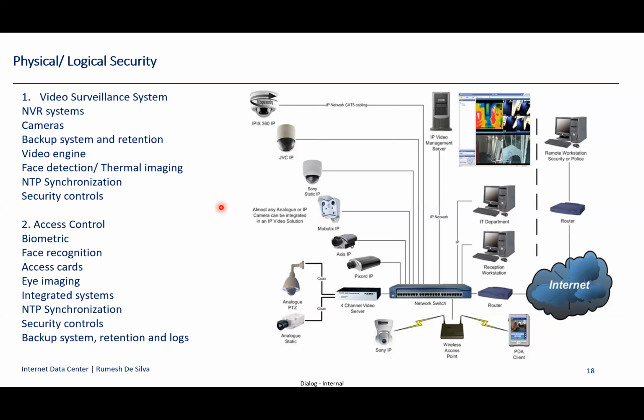So if you are having an operation room, definitely it should be there. In the operation room, they can be able to monitor. Actually, some are set up so that automatically the screen will show this person's camera, right? Likewise, video engines we can be able to use, and face detection, thermal imaging. Yes, thermal imaging we are using for the video surveillance system, because we will be able to understand the kind of power panel issues, likewise things.